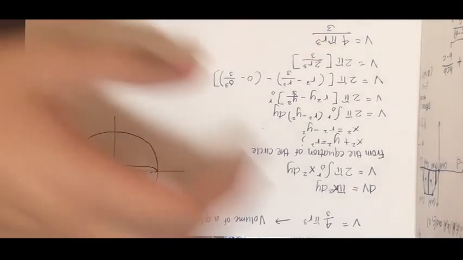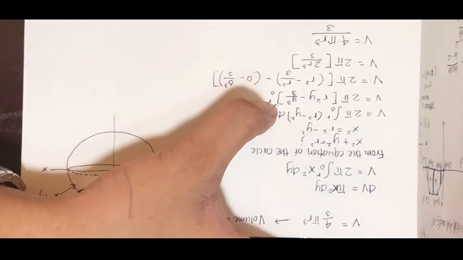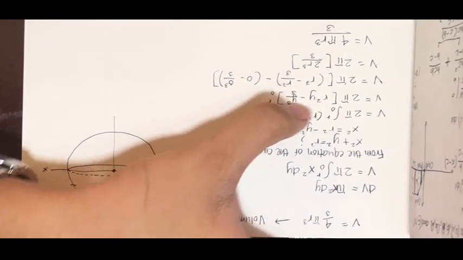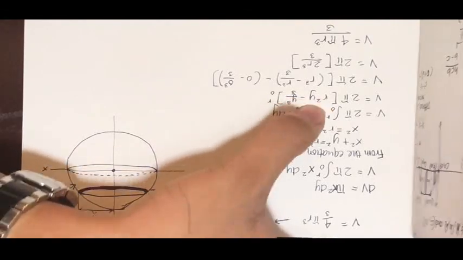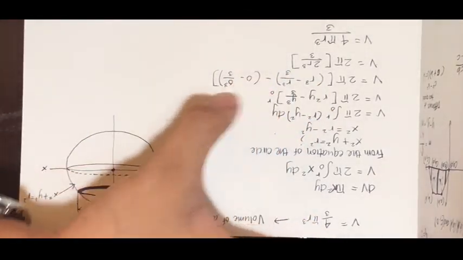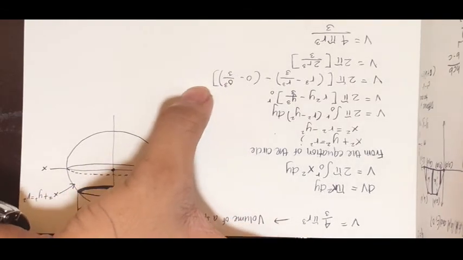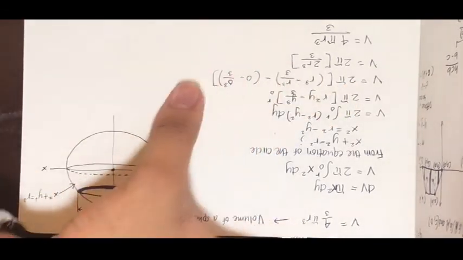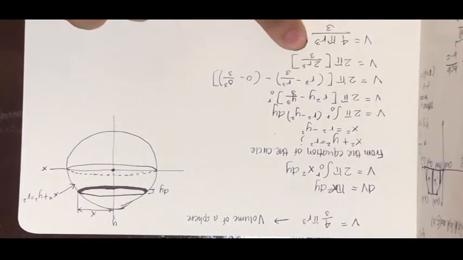So if we substitute this to the y's here, and the 0 as well, then if we simplify this entire thing, it would leave us with 2r cubed over 3.